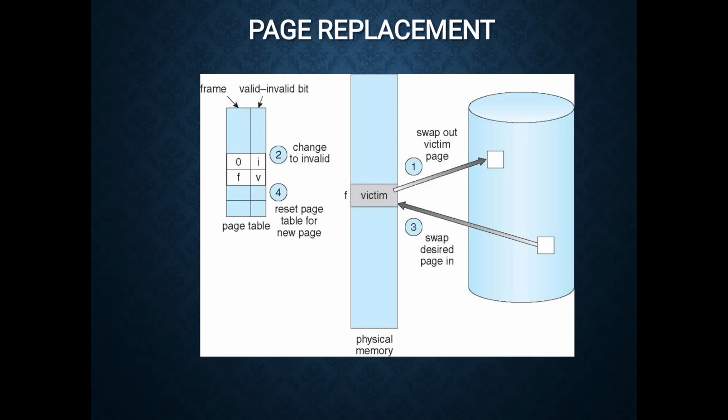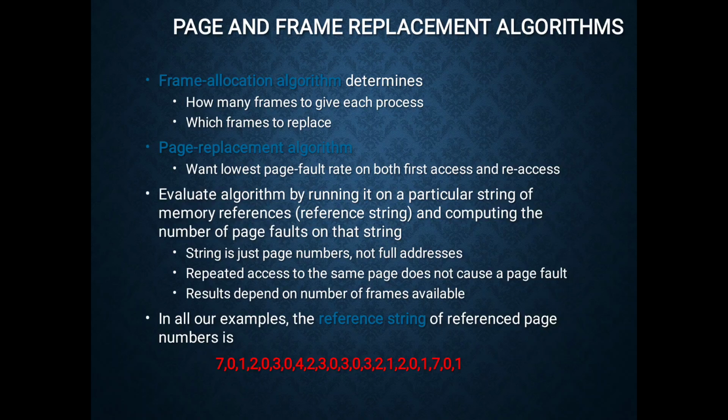Afterwards the needed page is taken from the backing storage into physical memory, and we reset the page table for the new page. Next are the frame allocation algorithms and page replacement algorithms.